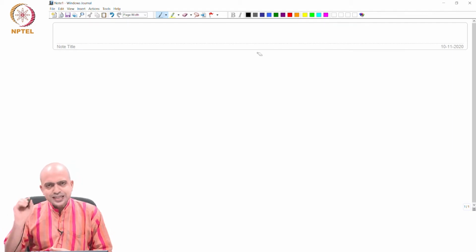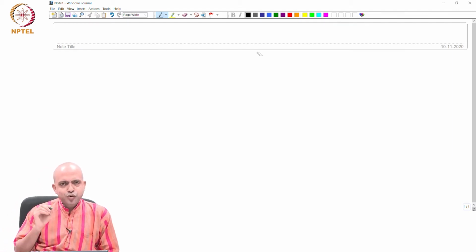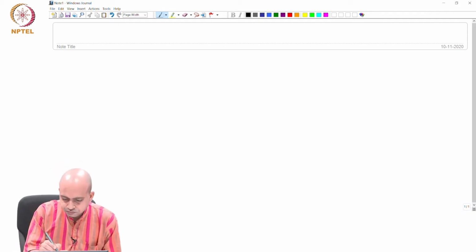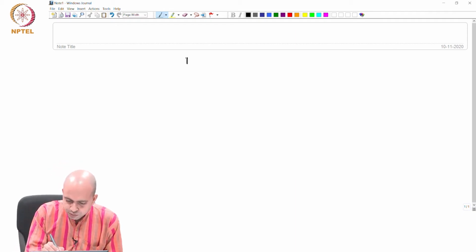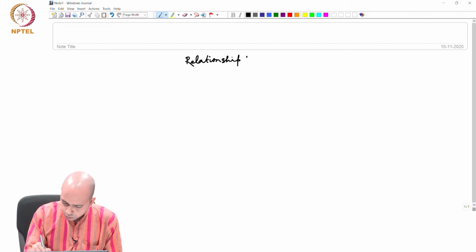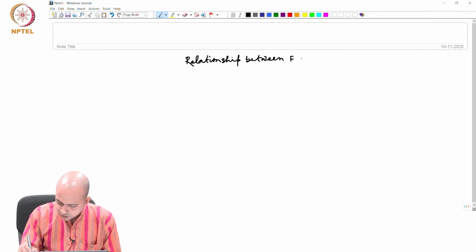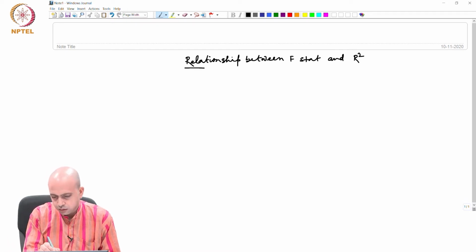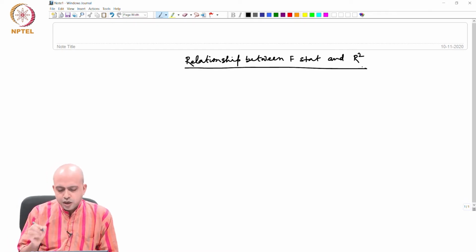So, let us try to understand the relationship between the F statistic and the goodness of fit measure R square, right. Now, F statistic, if you recall, how have we defined it?